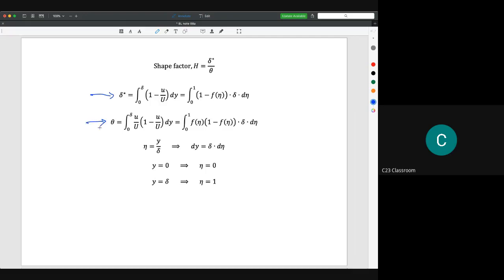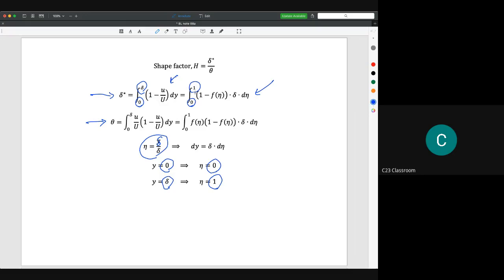So the equation for delta star now becomes 1 minus f of eta times delta d eta. The limits also need to be changed. From this equation, if y equals 0, eta will be 0, and if y equals delta, we substitute delta here, so eta is equal to 1. So now the limit for the integration will become 0 to 1.